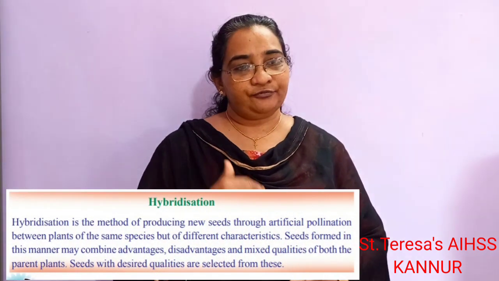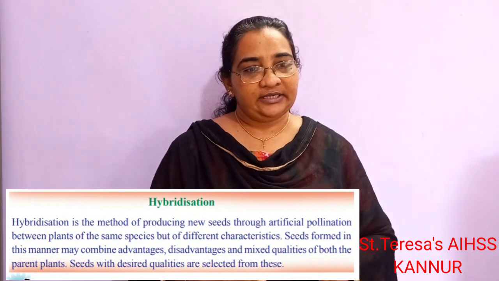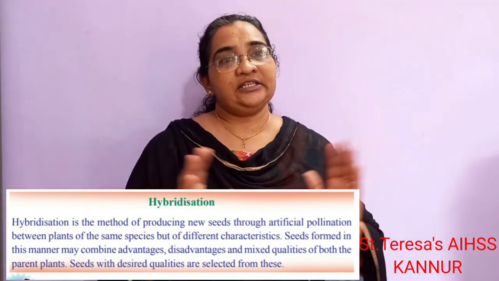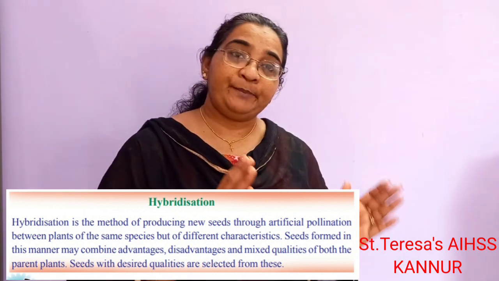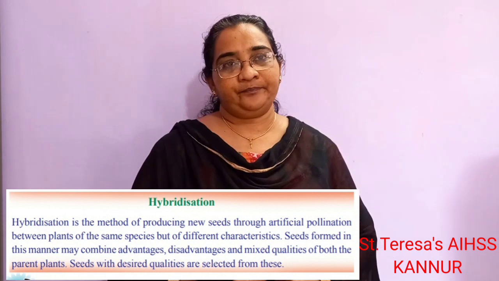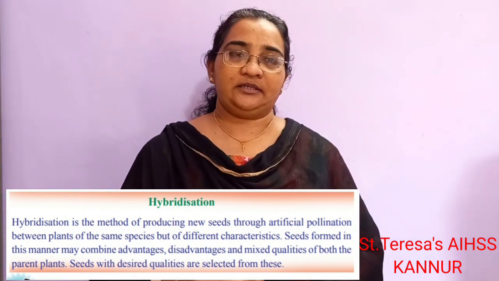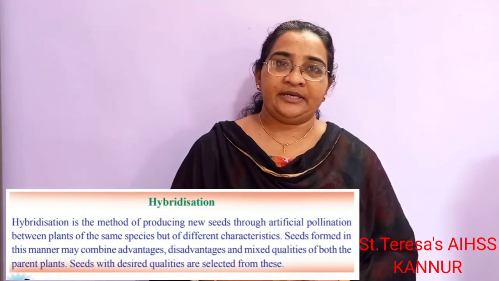So the seeds formed through this method will have the advantages and disadvantages, and it will be mixed quality. So they take the best seeds out of it and they produce a plant. This method is called hybridization.